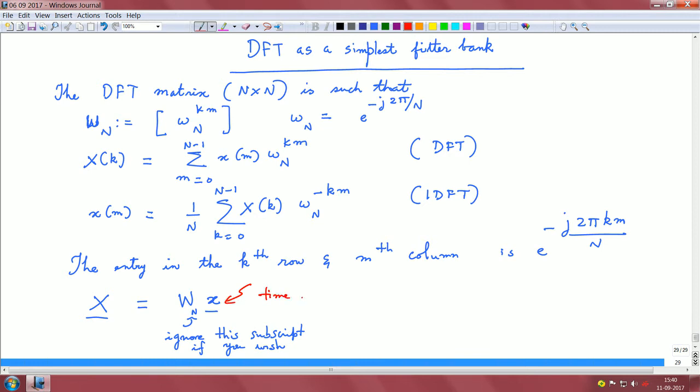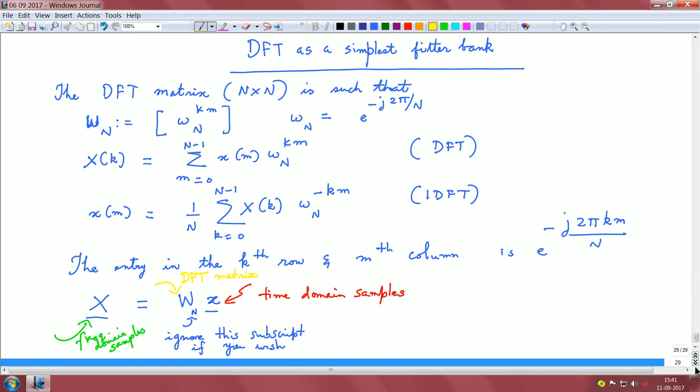These are time domain samples, these are frequency domain samples, and this is our DFT matrix. Okay, so this is our DFT matrix. We link the time domain and the frequency domain samples.